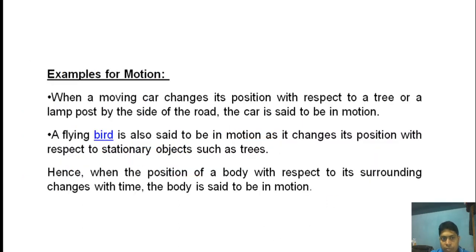Next, examples for motion. Very simple. When a moving car changes its position with respect to a tree, a stationary object, or a lamp post, which is also a stationary object, by the side of the road, the car is said to be in motion.